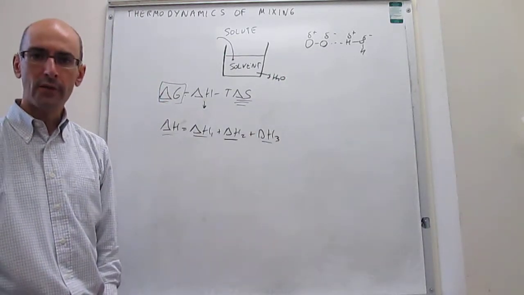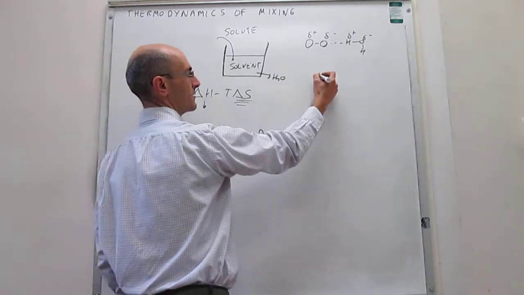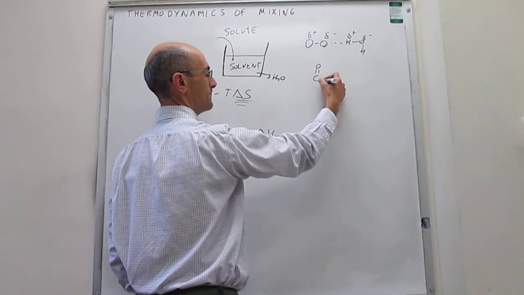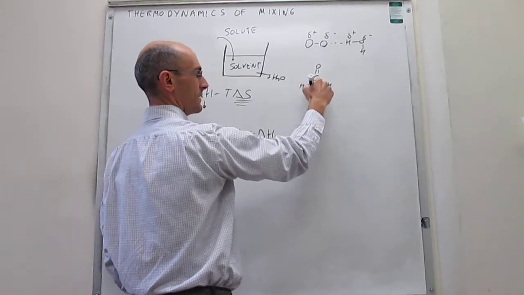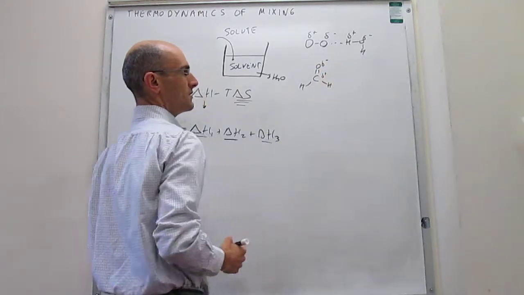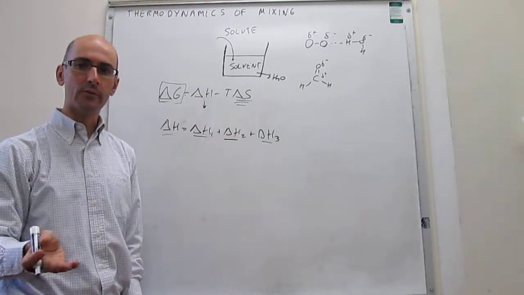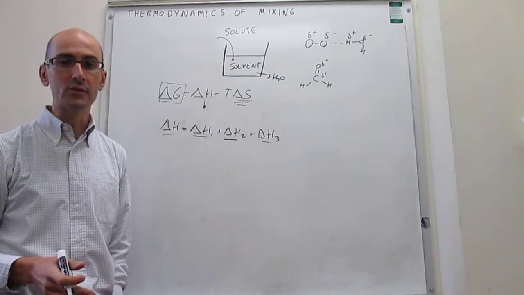Now let's think about a different molecule, for example, formaldehyde as a solute. So formaldehyde is this molecule. It has a dipole moment right here, that is your negative end, that is your positive end. So when you put this in water, then you can have these sort of dipole-dipole interactions, which might be reasonably strong.